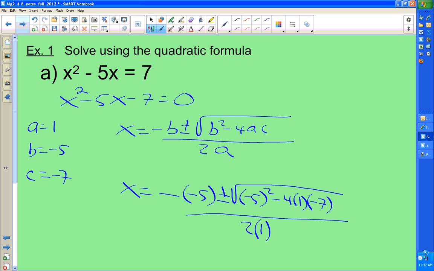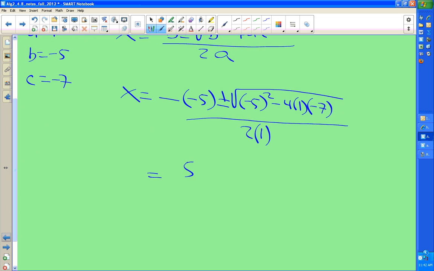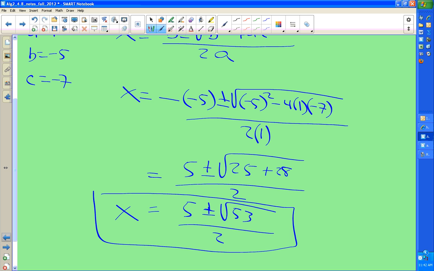So show this plug-in, then go through and do your simplifying. 5 plus or minus the square root of 25 plus 28, over 2. Or 5 plus or minus the square root of 53 over 2. Now in this case, the square root of 53 cannot be simplified. So our solutions are x equals 5 plus the square root of 53 over 2 and 5 minus the square root of 53 over 2.